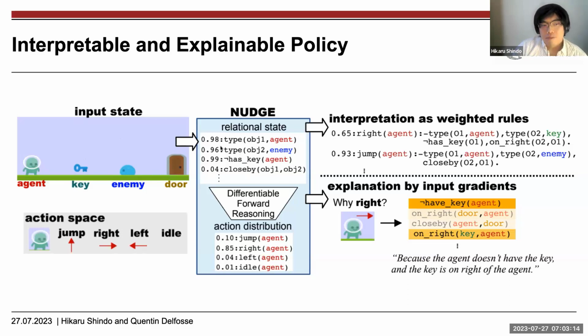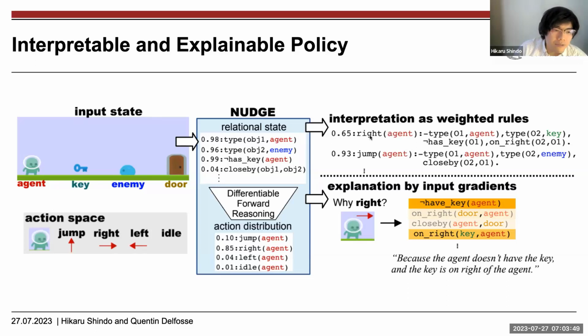This state can be converted to a set of probabilistic atoms in first-order logic. That means object 1 is an agent with probability 0.98 and so on. Object 2 is an enemy, and in this state the agent doesn't have the key. Given this state, and using weighted logical rules that describe actions, our agent produces an action distribution by performing differentiable forward reasoning.